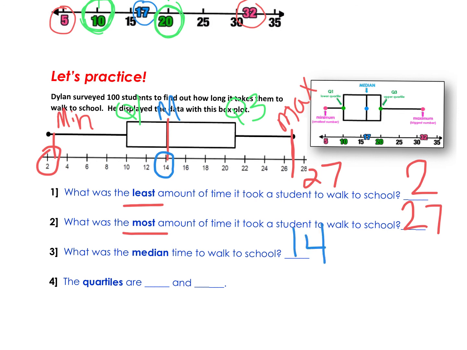And then the quartiles, remember, are the edges of the box. So I'm going to look here. My quartile 1 is 10, and quartile 3 is between 20 and 22, so quartile 3 would then be 21. And that is how you read a box plot.